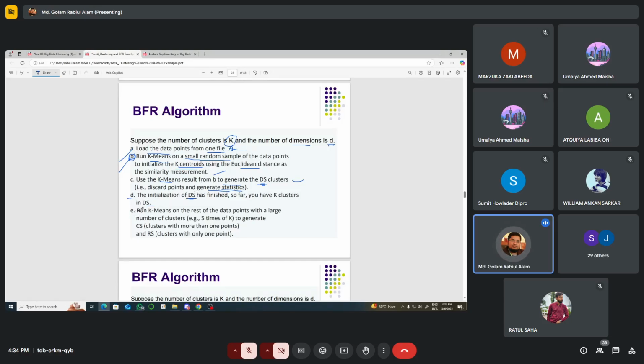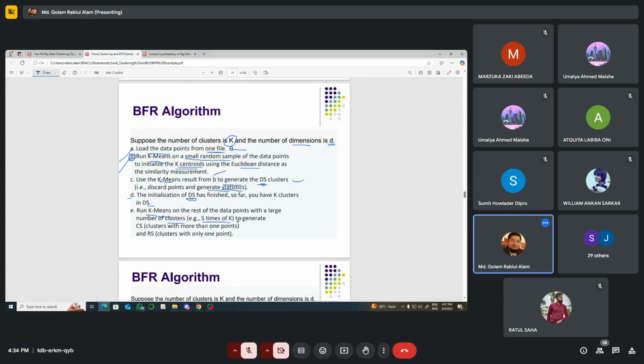Then after that, run k-means on the rest of the data points. So we have to apply k-means again on the rest of the data points, that means the data points that are not clustered in DS. And this time we assume that the number of clusters will be higher than k, for example 5 times k.